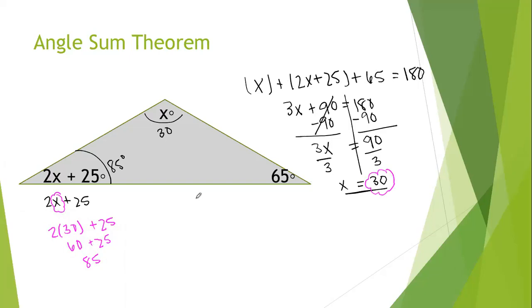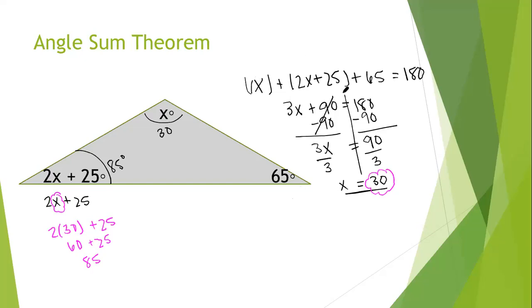Okay, I definitely need feedback now, because if you don't get it, I need to hear it. Emily? Oh, right here? Yeah, so if there's never a number in front of the x, that means it's a 1x.